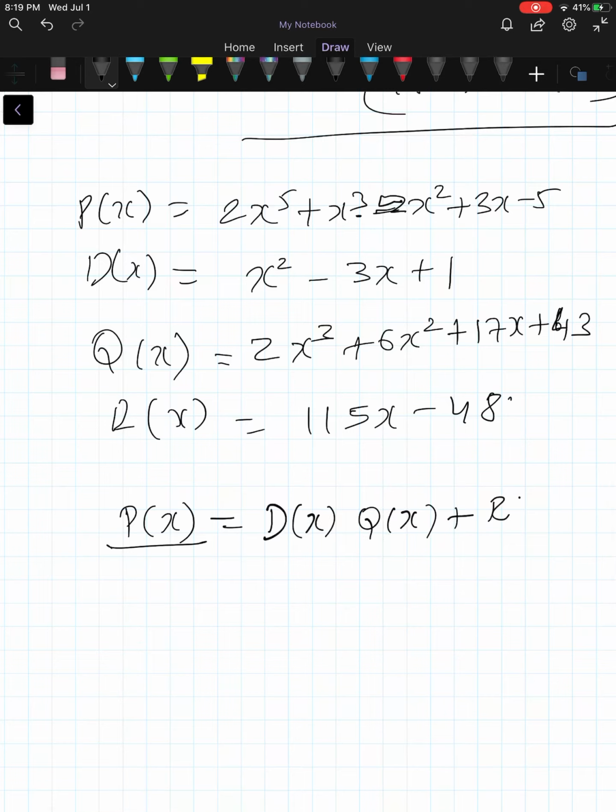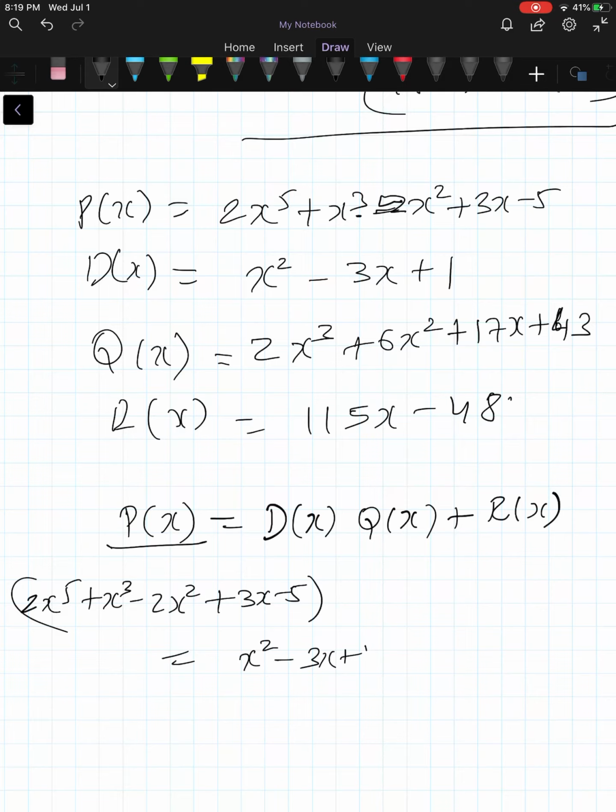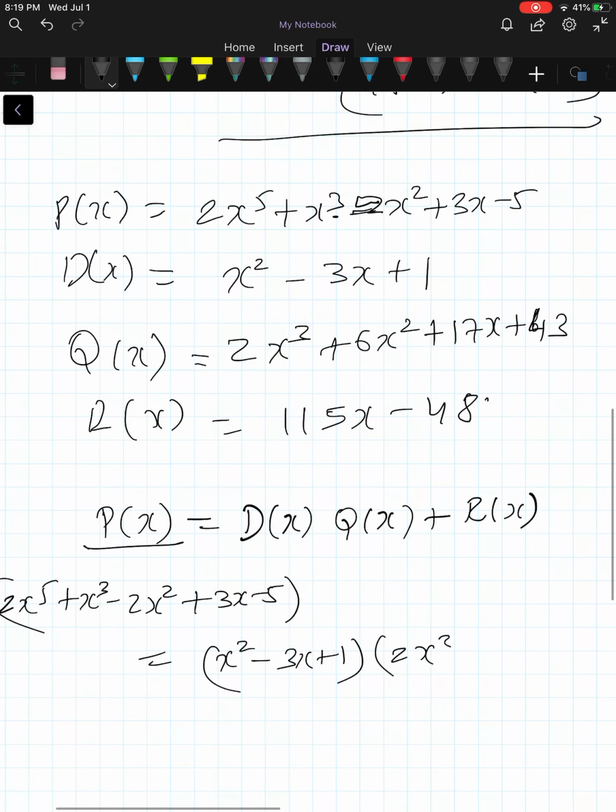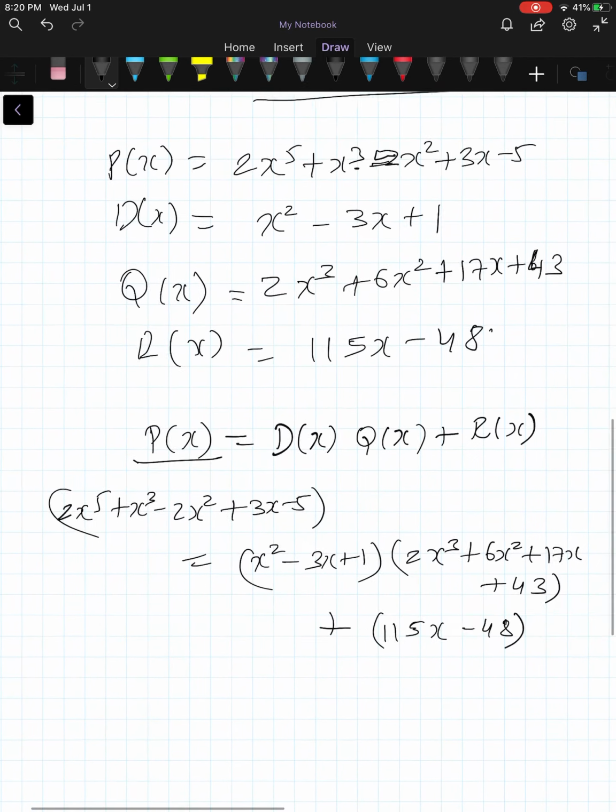So this will be nothing but 2x to the power of 5 plus x cube minus 2x square plus 3x minus 5 is equal to d of x, x square minus 3x plus 1, times q of x, 2x cube plus 6x square plus 17x plus 43, plus r of x, 115x minus 48.